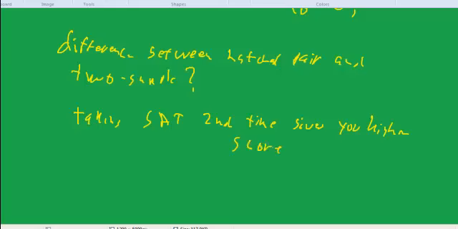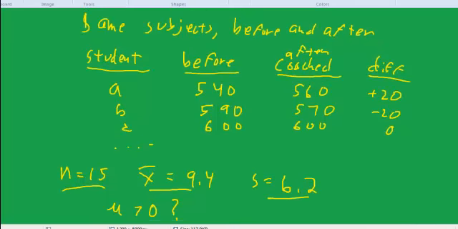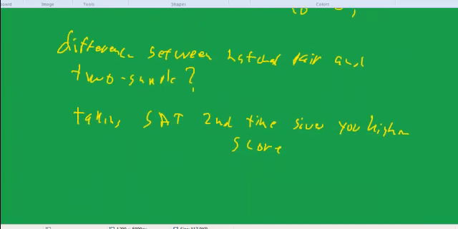Well, in that case, if we're just looking at this before and after, we don't know whether the before and after difference comes from coaching or whether it comes from just taking it a second time.